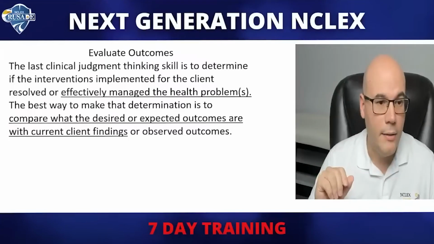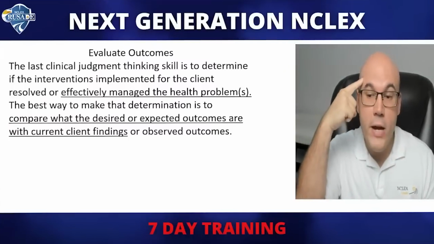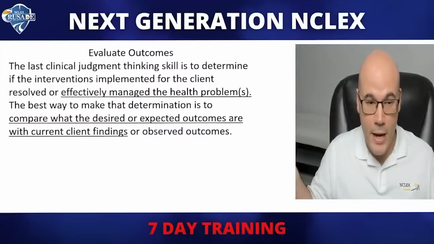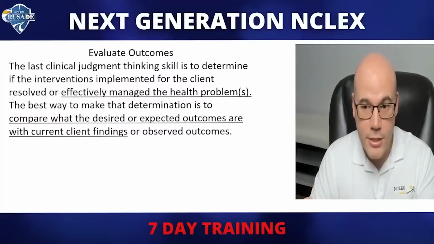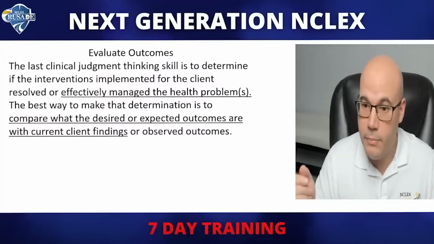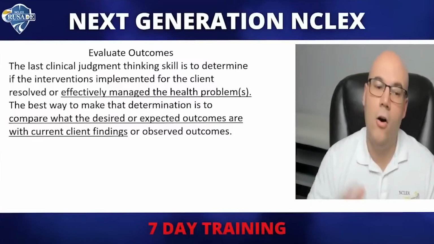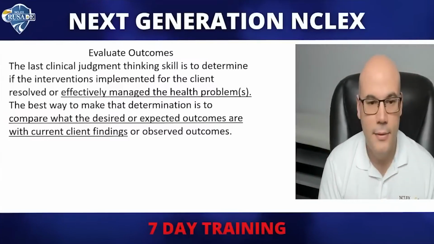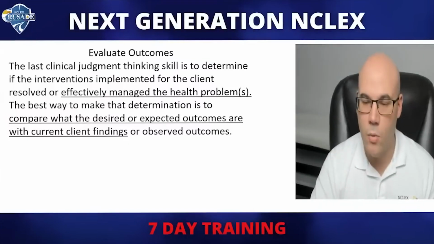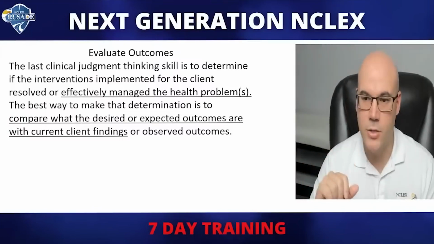The best way to determine this is to compare it to your original plan. Example: patient with difficulty breathing, let me give oxygen, and then looking at the O2 saturation and saying, oh wow, it went up. The O2 saturation was 89, now it's 94. Oh, great. My nursing intervention was the correct one. Or the patient was in pain and you gave pain medication or whatever.